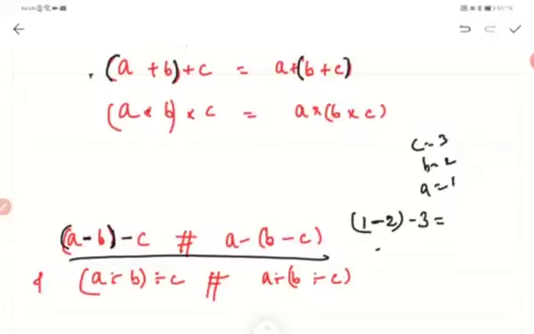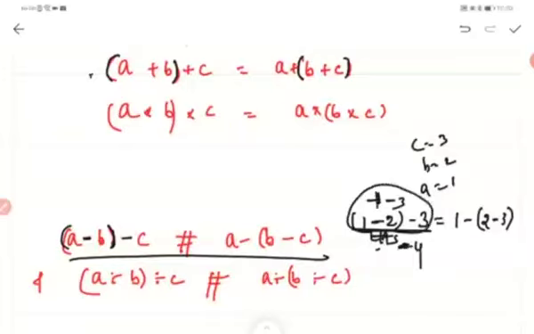If I just change the bracket, it is 1 minus of 2 minus 3. In the bracket, let us simplify the left hand side. So tell me what is the value of this? 1 minus 2 is minus 1, and then minus 3, this will be equal to minus 4 on the left hand side.